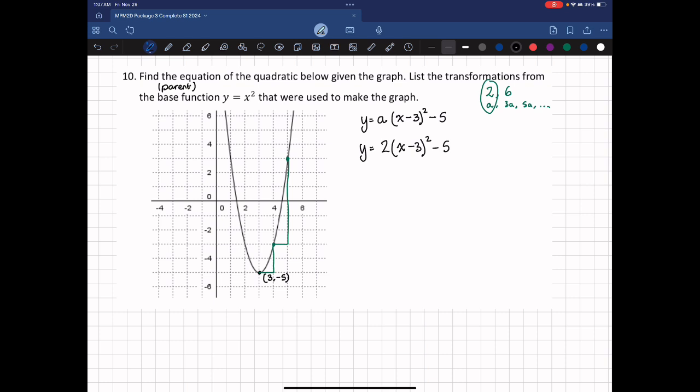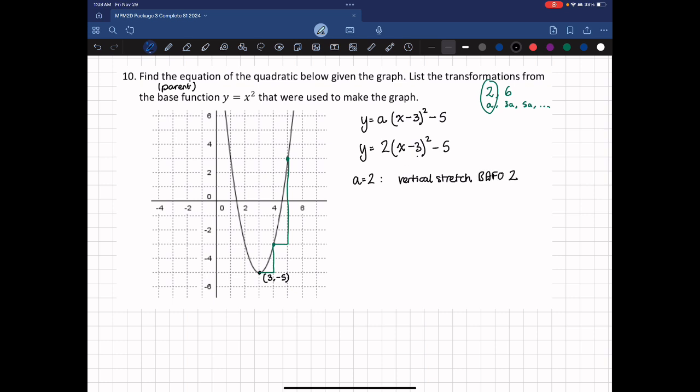So, what transformations were applied to the base function y equals x squared? Well, we've got the a value, which is 2, and that creates a vertical stretch. And when we say vertical stretch, that means the y values have changed, right? A vertical stretch by a factor of 2.